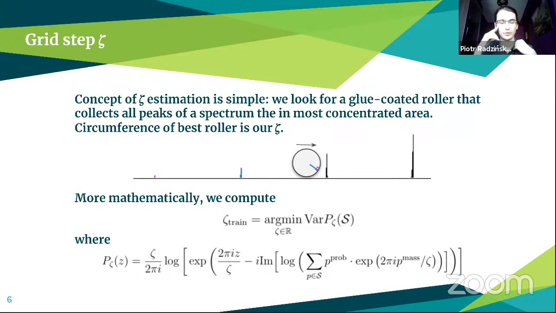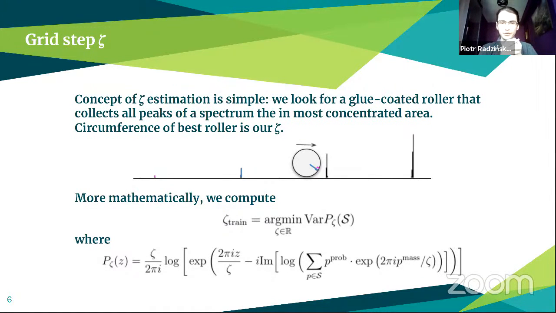It's not so difficult to estimate the grid step. We started to roll such circles through the spectra. If we roll a circle that collects our peaks on it, then the circle which collects all peaks in the smallest area will have a circumference equal to the distance between peaks.